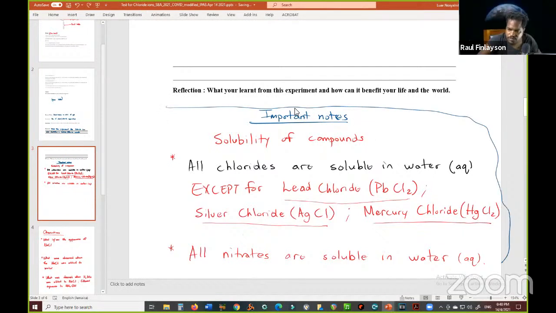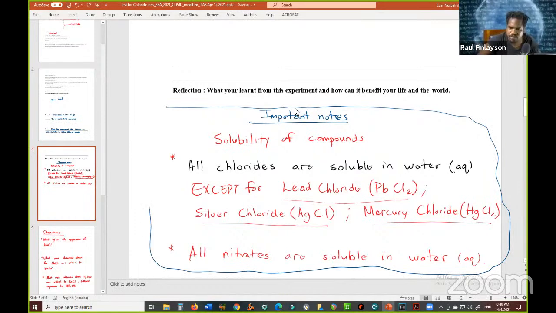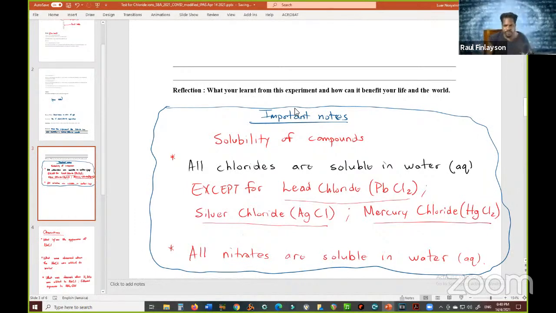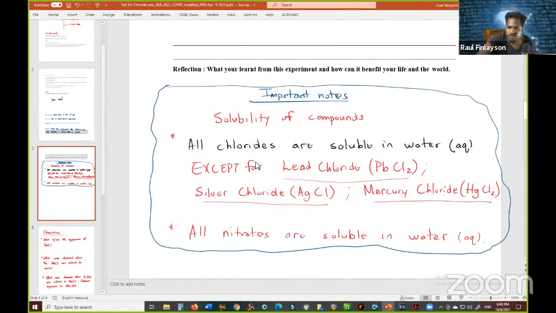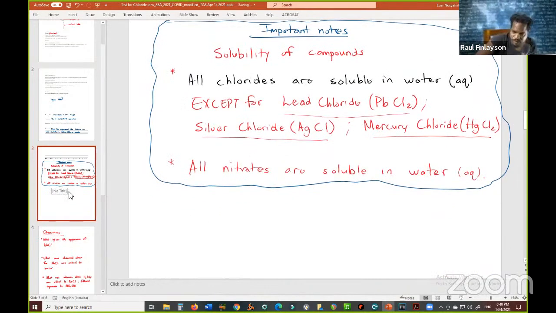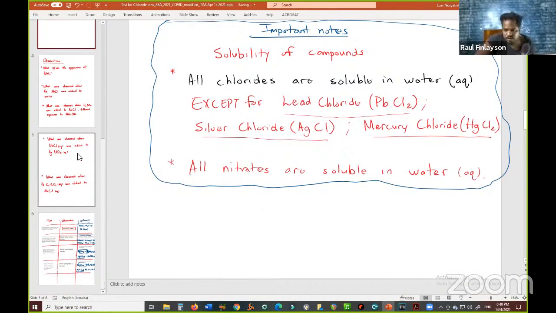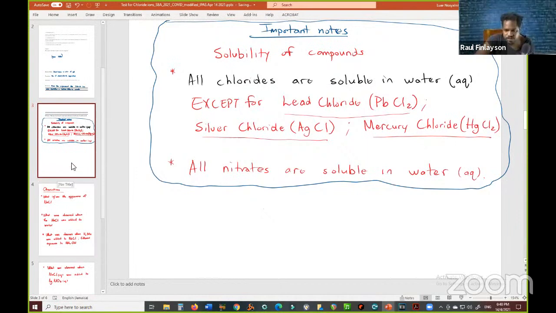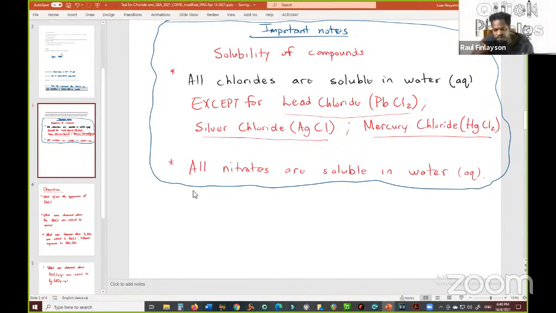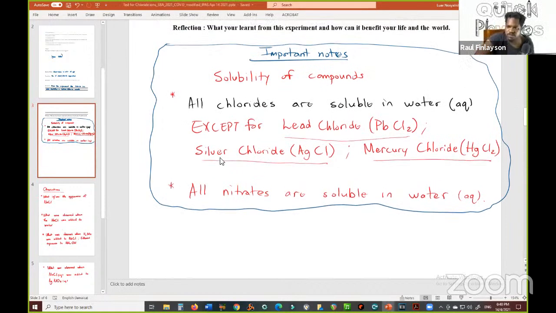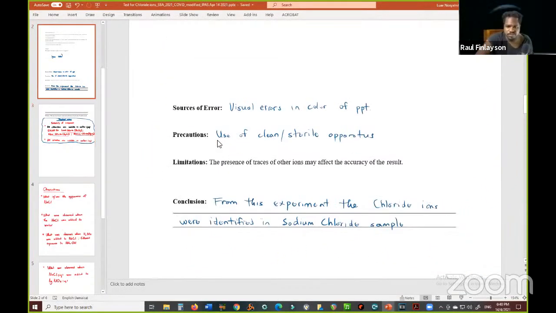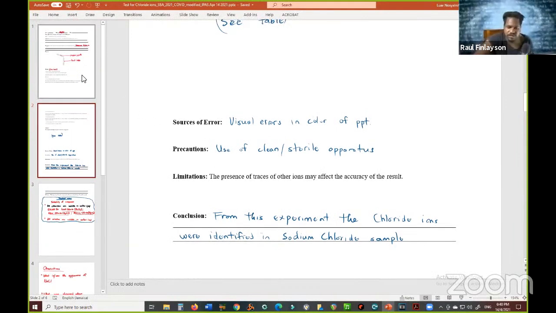All of these important notes, as we go along, we just highlight them from the lab. In terms of observation, it's already there in the column. That's it. It's not a difficult lab, but it's a lab where you have to learn a lot. You have to know a lot of things, right? It's not going to be that long.